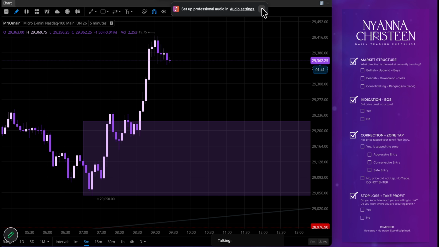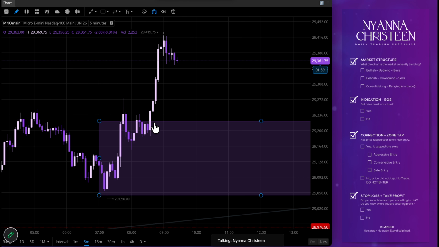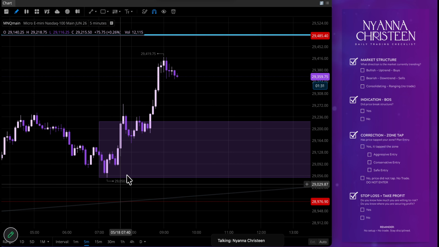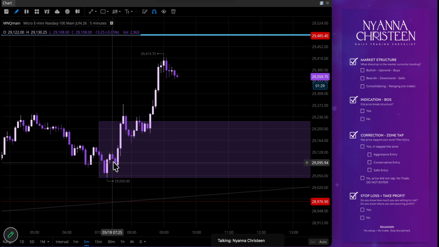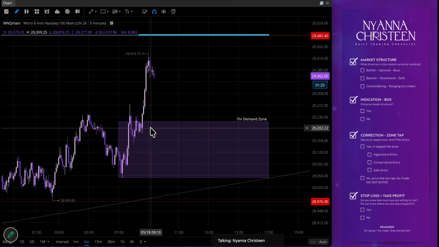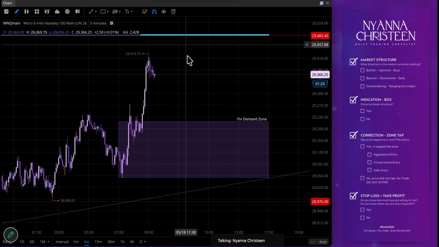What I would like to see is price come into the zone, tap the zone, and then continue up. I'm not gonna lie, based on how price action looks, it's gonna be tempting to watch it tap here and then go up, depending on how fast it happens.